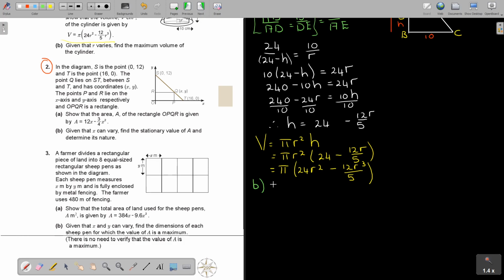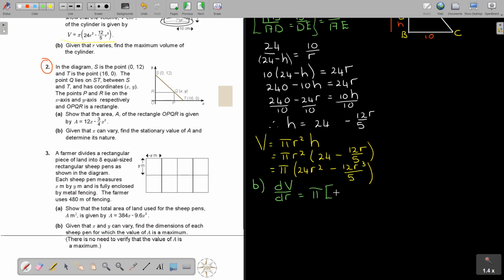So dV over dr. This pi is just outside, so it's almost like just a constant. If it was an r, you should have multiplied it in, because you are differentiating with respect to r. But because it's just a constant, you can leave it outside.